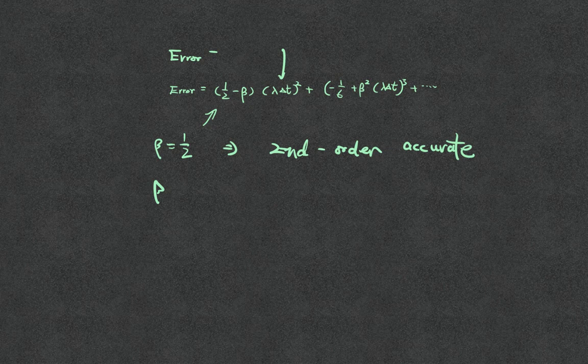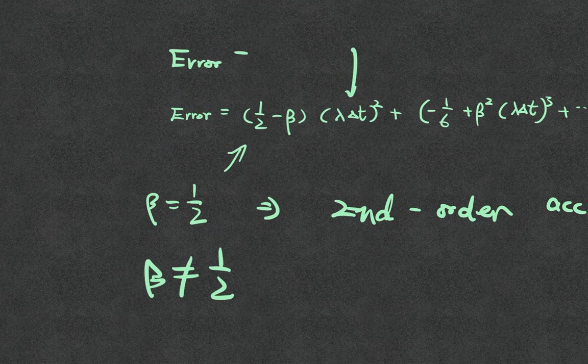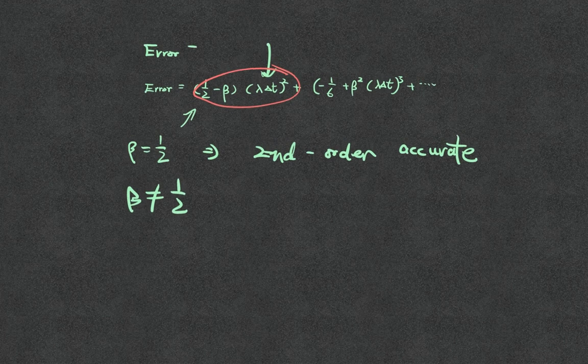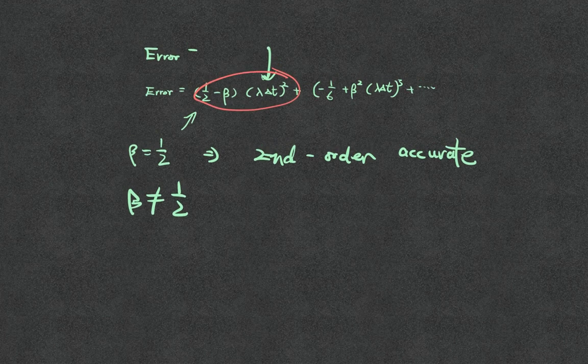If beta is not equal to 1/2, then this term is not equal to 0. So what it means is that the Euler error would be a function of delta t squared as well. So this is actually just first order accurate.